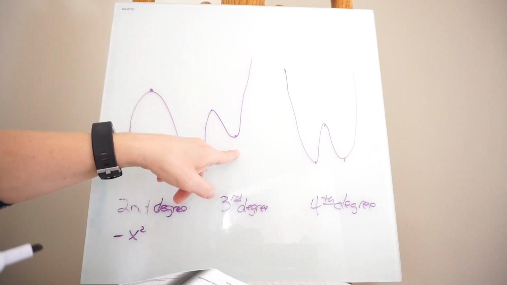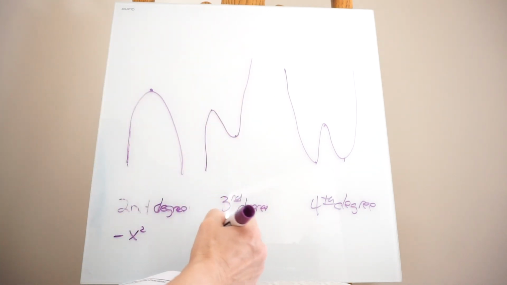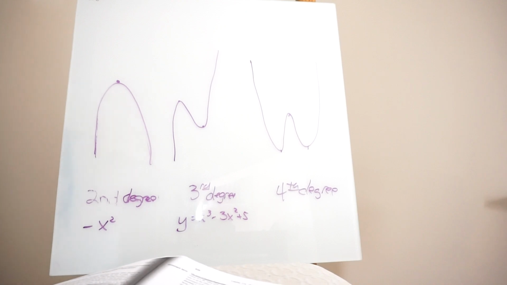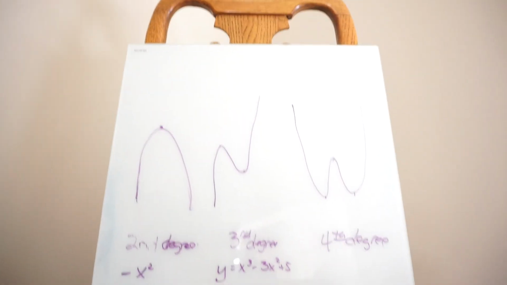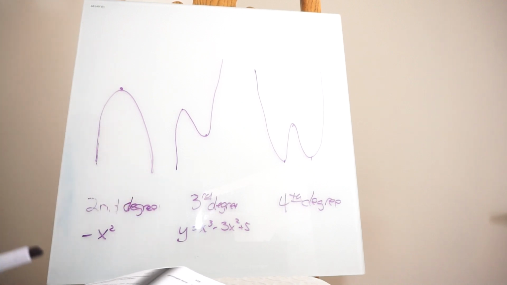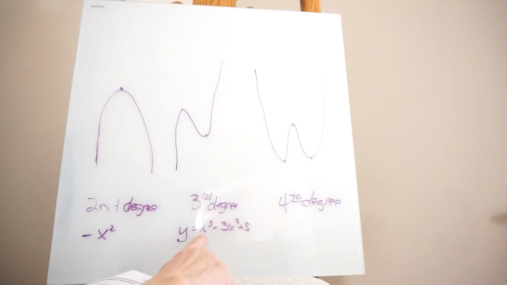If we look at this one, what did they have? They had y equals x cubed minus 3x squared plus 5. All right, so if we looked at that one, we see that for very large positive values of x, as you cubed a very large positive number, that's going to become a very large positive number.